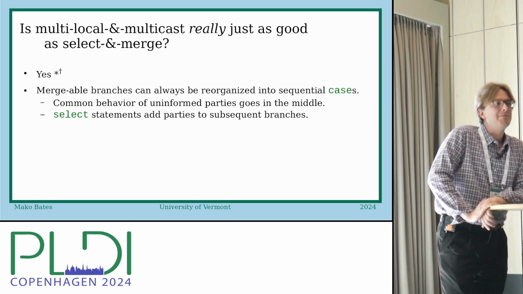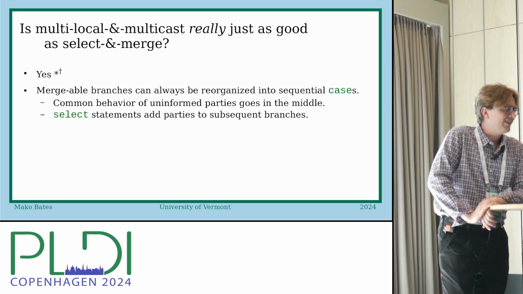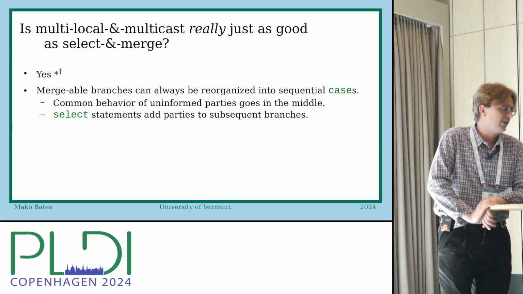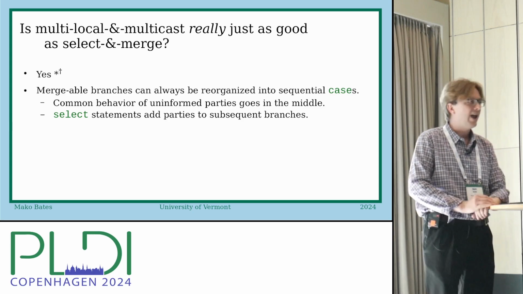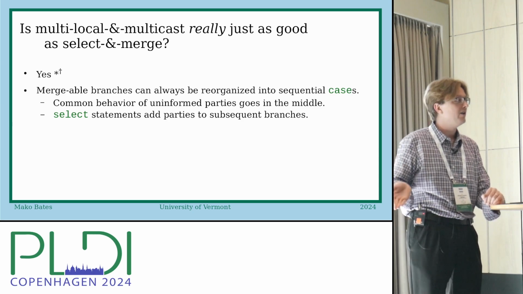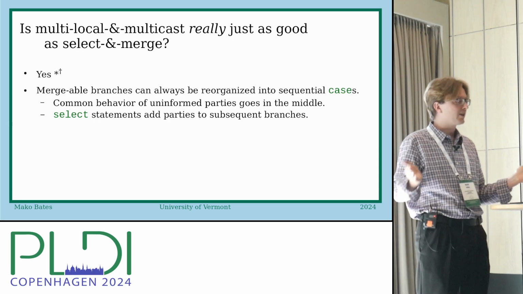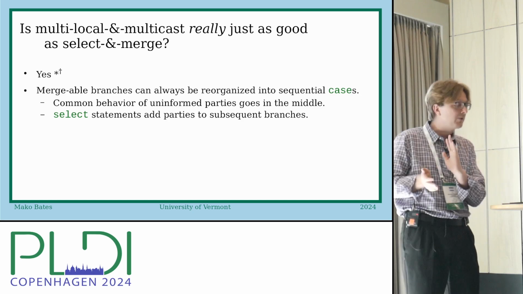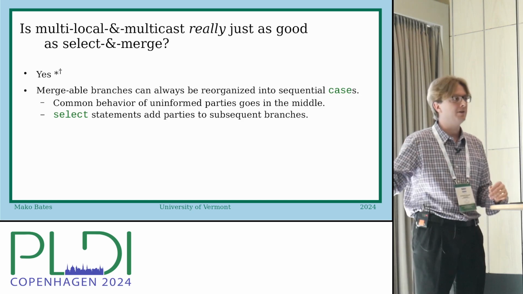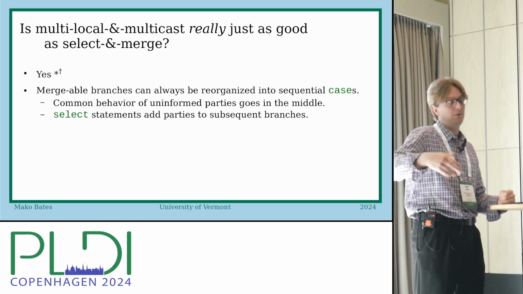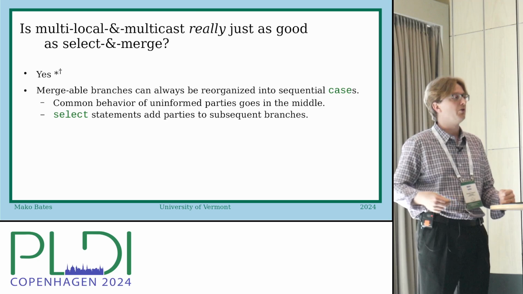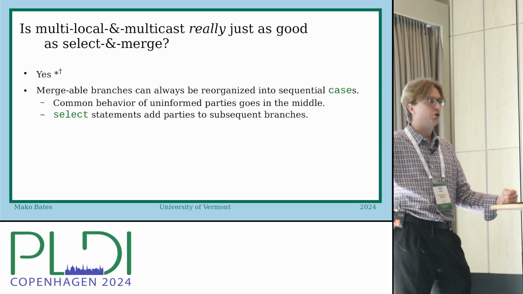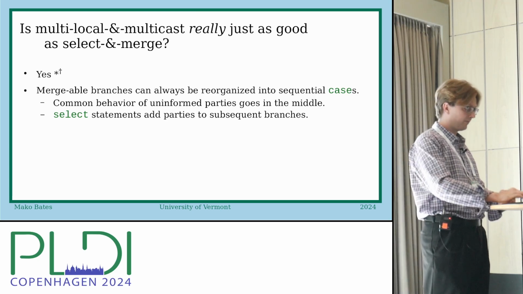If your branches can be merged, then you could also reorganize them into sequential case expressions. Any common behavior on the part of a party who doesn't have knowledge of choice can be expressed in the middle, in between sequential branches. Your select statements are just going to be data communication so that you can add parties to the subsequent branches.